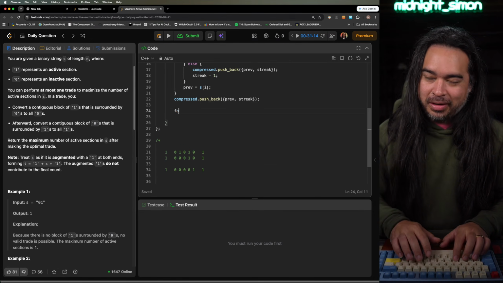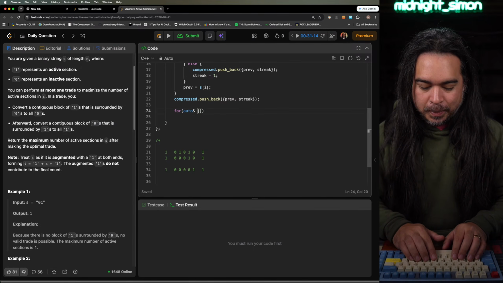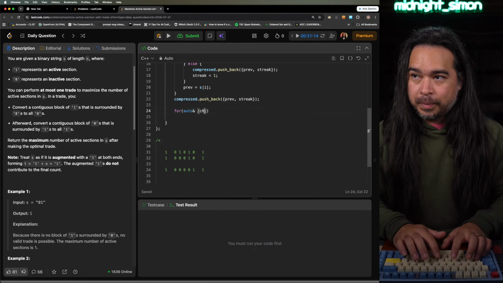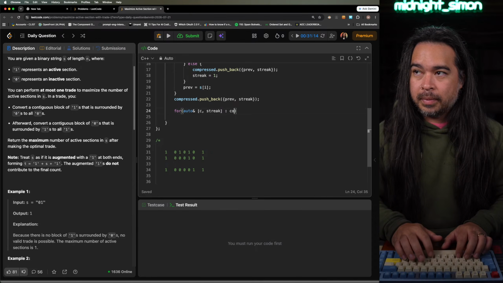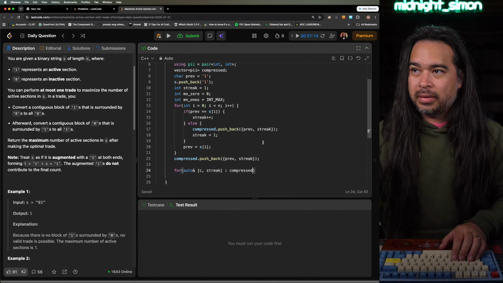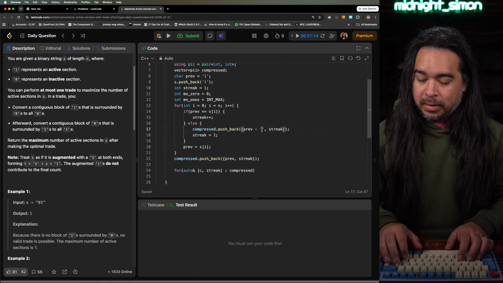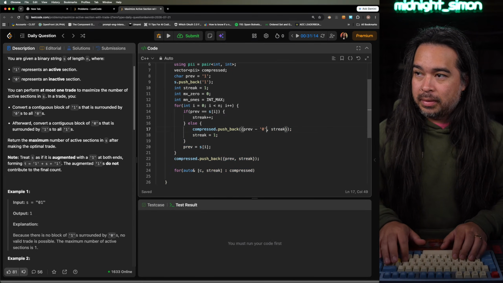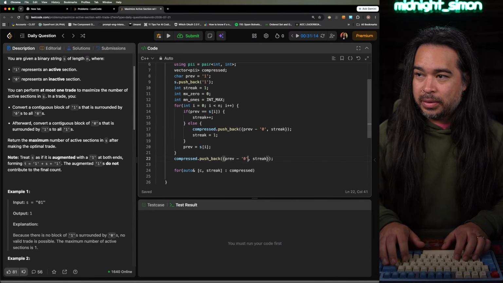But let me see if we can solve it. And I guess also these need to be integers and not ASCII symbols or whatever.